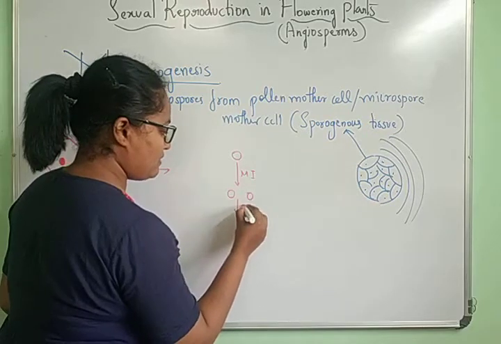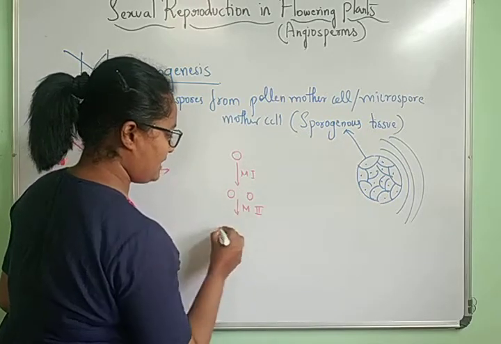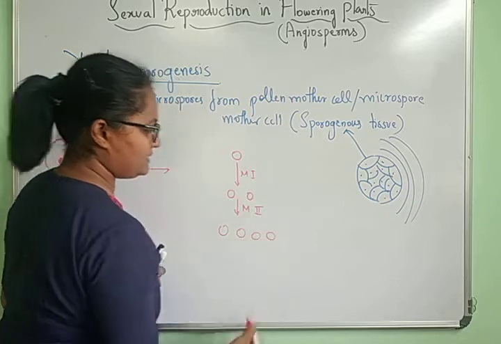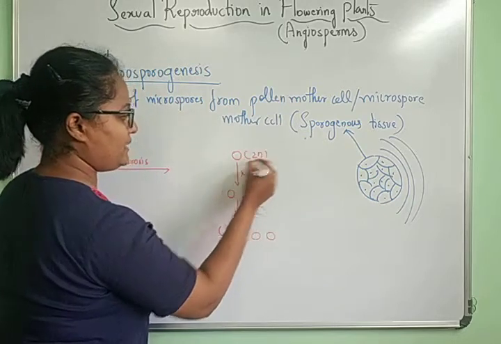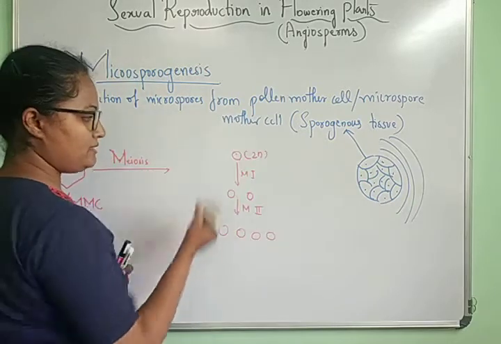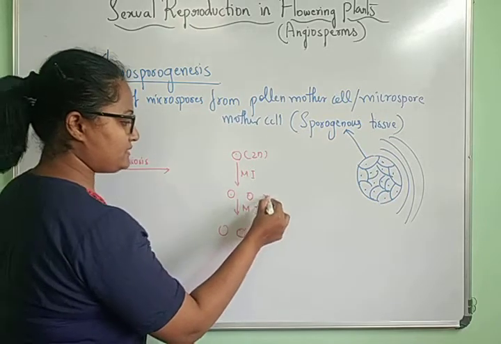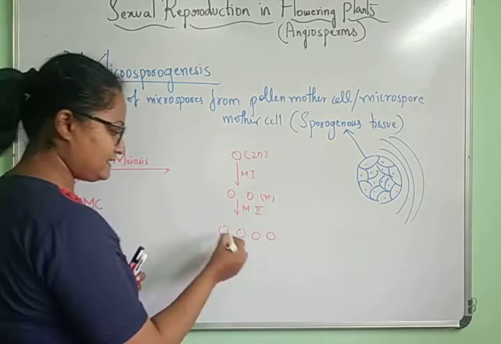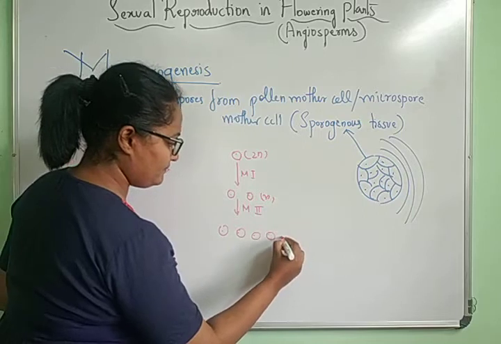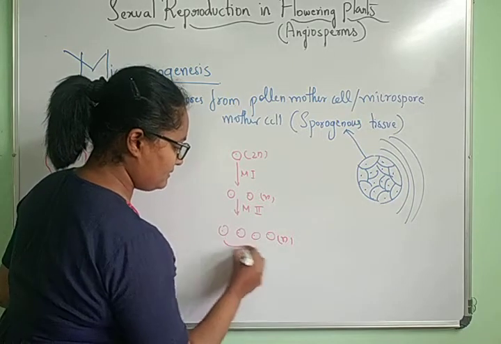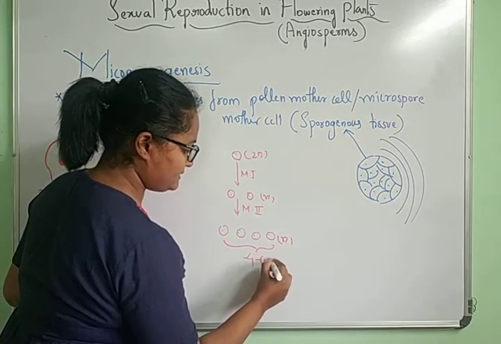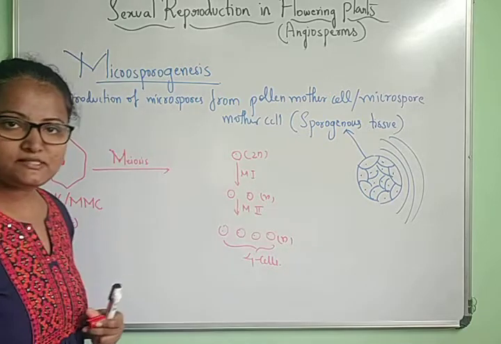They again undergo meiosis 2 and they form 4 cells. So in the beginning, the parental cell is 2N, and after the first and second meiosis the cells are N, but the result is 4 cells, right?